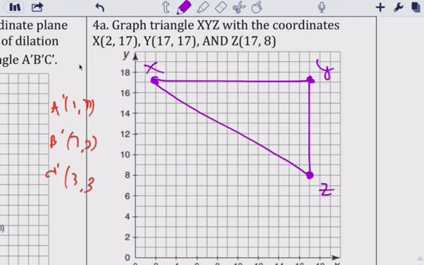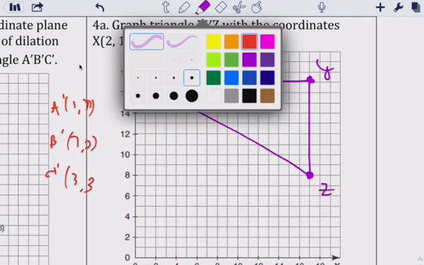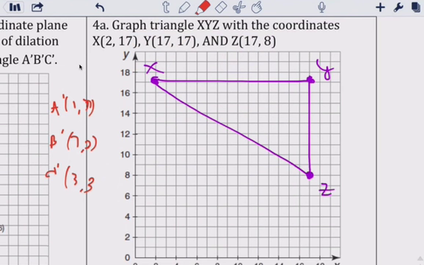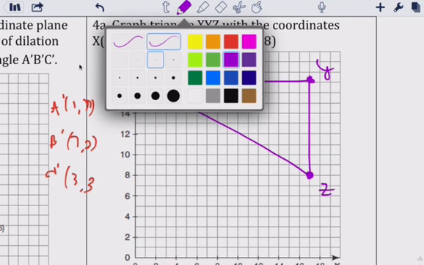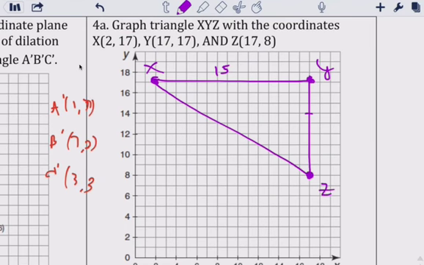You count these. From 2 to 17 is most likely 15. Just to make sure, 5, 10, 15. Yep, 17 minus 2 is 15. And 17 minus 8 is 9. Count to make sure I graph 9. Yep, that's 9.